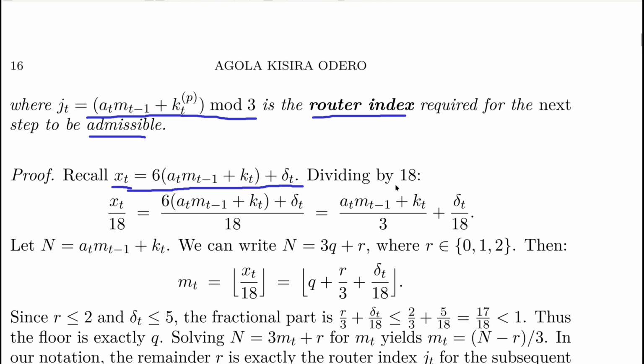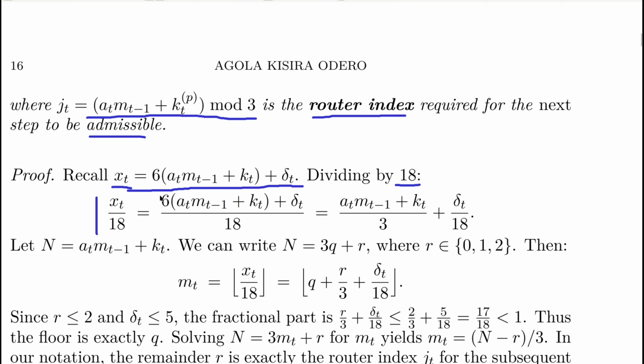Therefore, dividing by 18, because we want xt over 18, this equals 6 times (at mt minus 1 plus kt) plus delta t, all over 18.